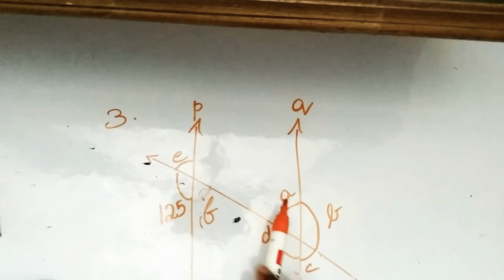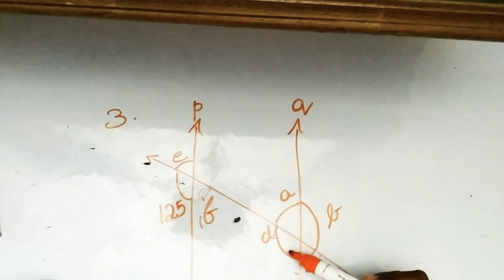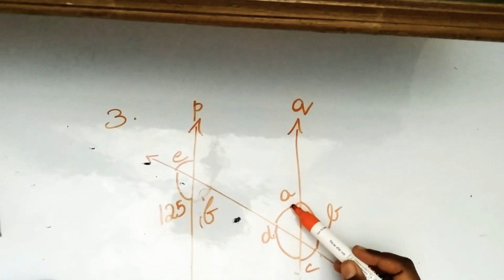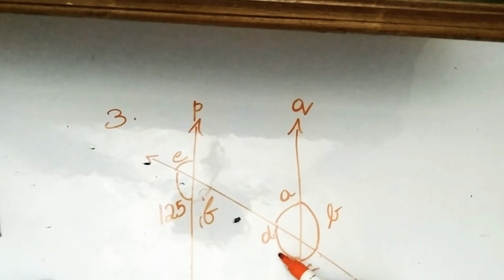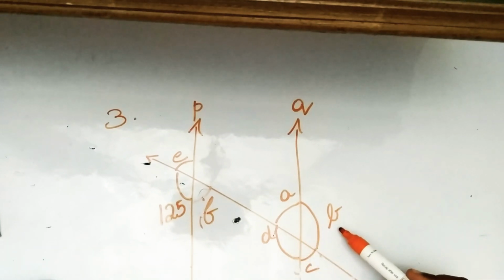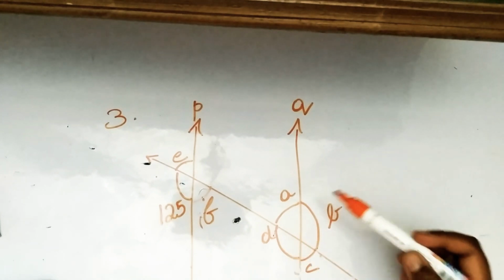Now you know that angle A and angle D make a linear pair, right? So angle A plus angle D is equal to 180 degrees. So angle D is equal to how much? 125 degrees itself, right?